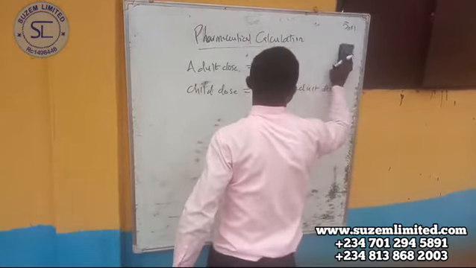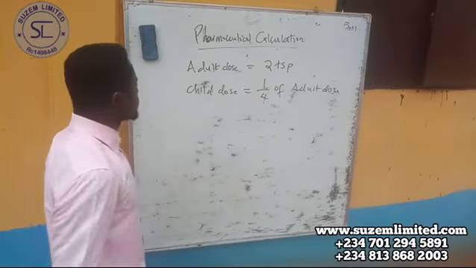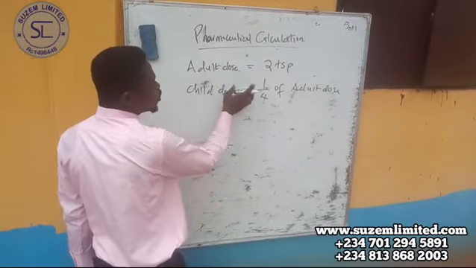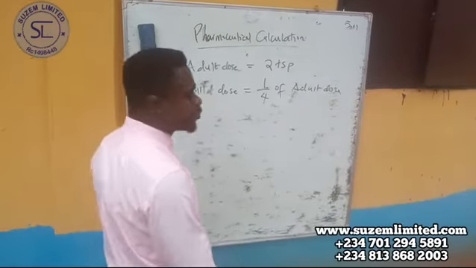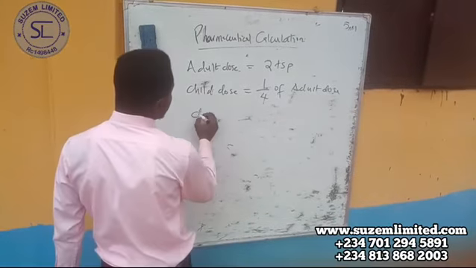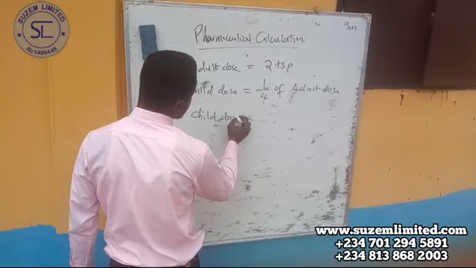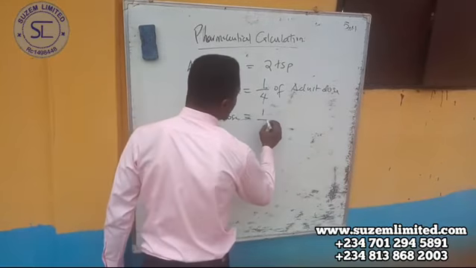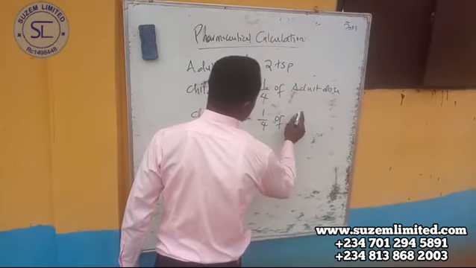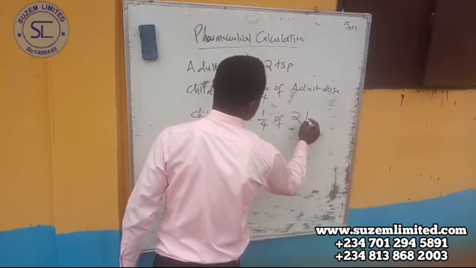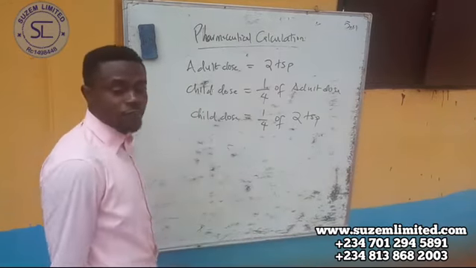Let's continue. Now, anywhere we see adult dose, we replace it with what? 2 teaspoonfuls. So now that means child dose is equal to what? 1/4 of what? Of what? 2 what? Teaspoonful. True of us?